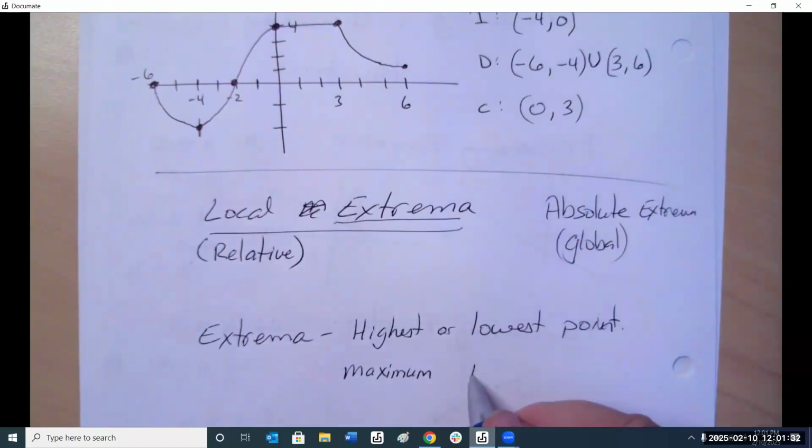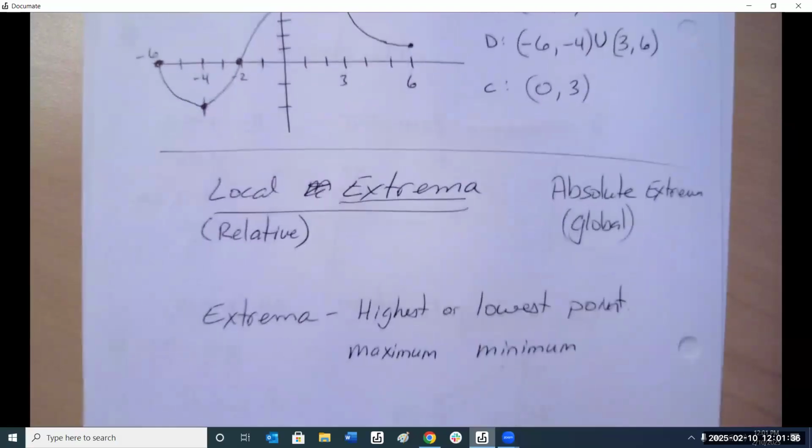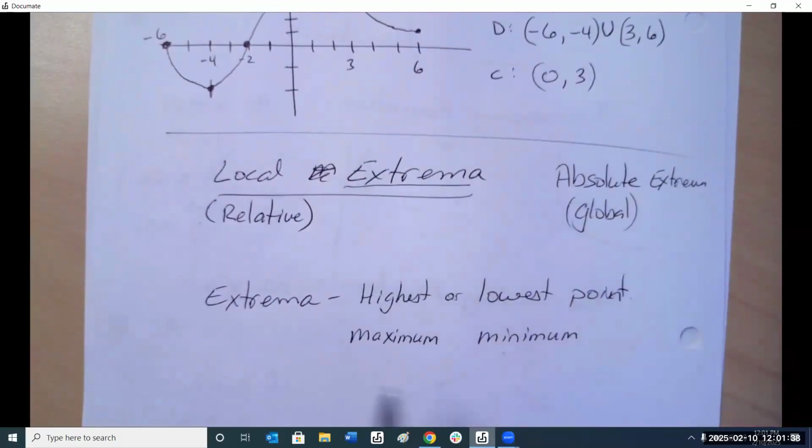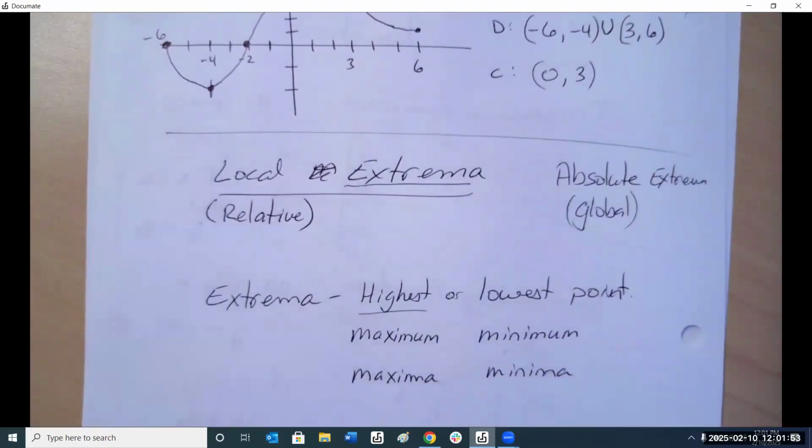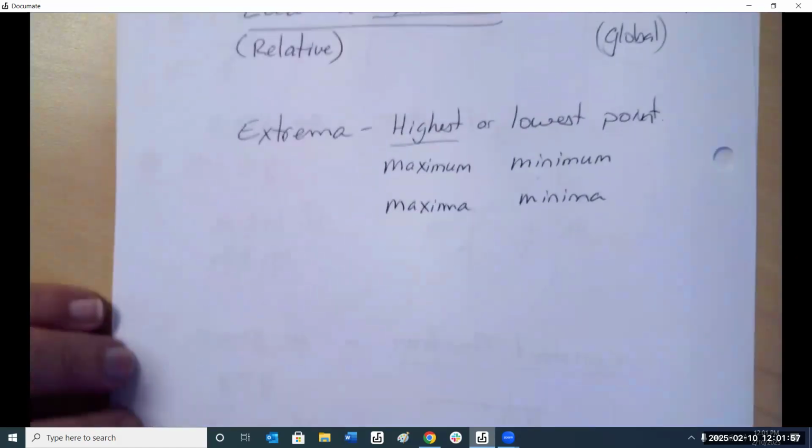For lowest, we use minimum. The plural is maxima and minima. So these are just the plurals and singulars of them. So maximum, the highest you can go, is the maximum altitude. The lowest you can go is the minimum.